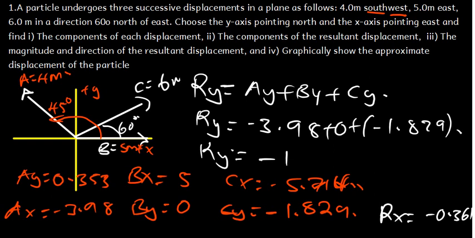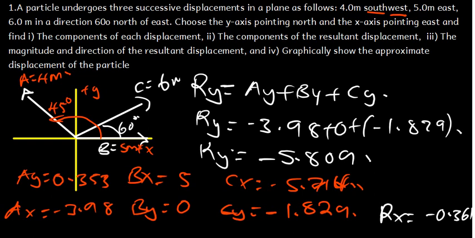Okay, I'm getting negative 11. This is not supposed to be 11. It's not possible, meaning I punched in wrong values. So it's supposed to be negative 3.98 plus 0 plus minus 1.829. Yeah, it's giving me negative 5.809.